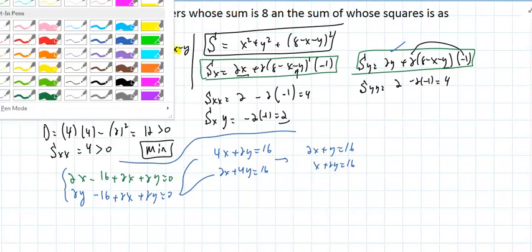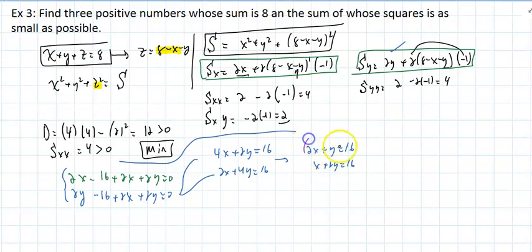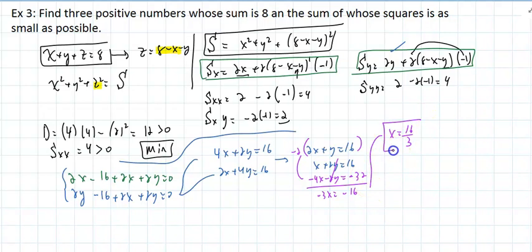If I multiply the top equation by a negative 2, that would become a negative 4x and negative 2y equal negative 32. And if I add those, the y's cancel out. I'm left with negative 3x equal negative 16. Is that right? Yeah. So x will equal 16 over 3.